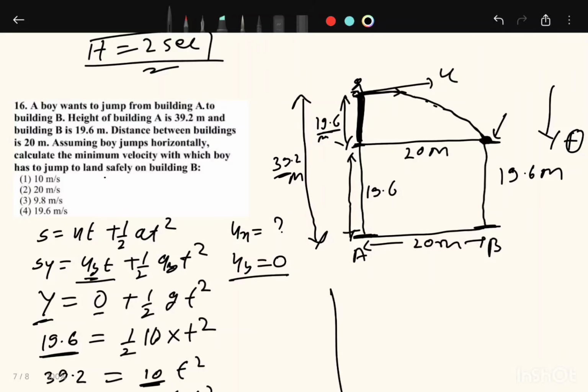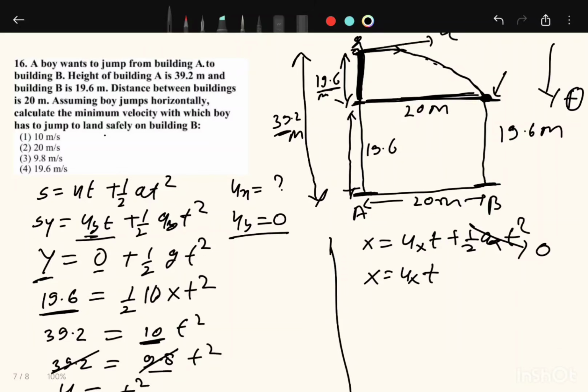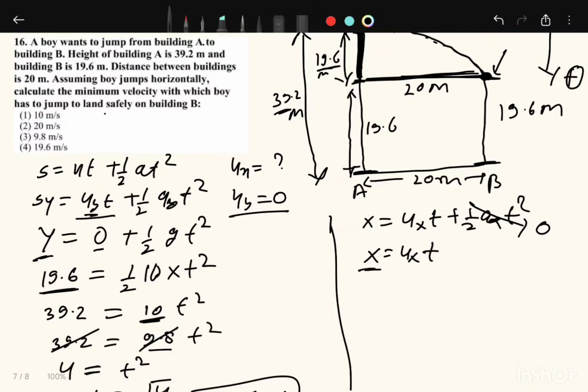Okay, so we know this horizontal distance, right? So we apply the second equation of motion in the horizontal direction, that is x equal to uxt plus half axt square, and acceleration in the x direction is 0. This term will become 0, and so x equal to uxt is remaining. So x is how much?